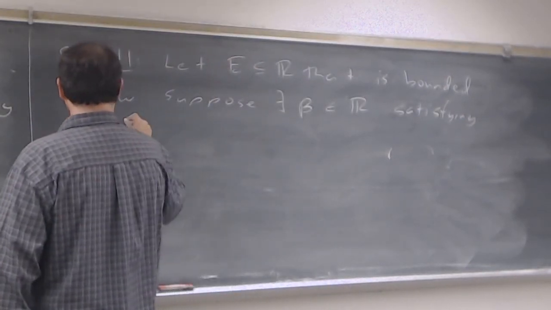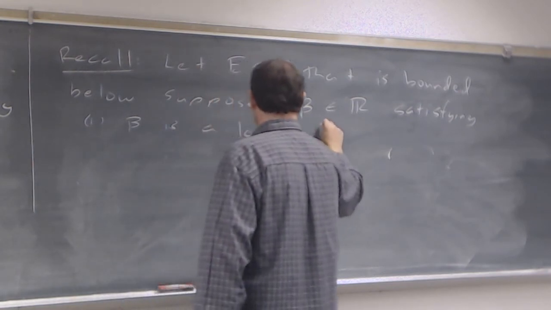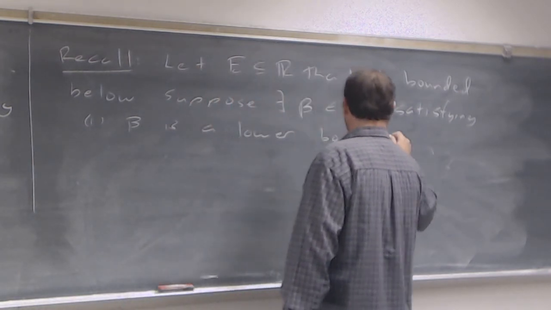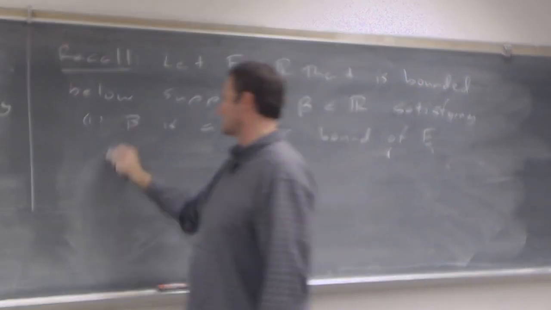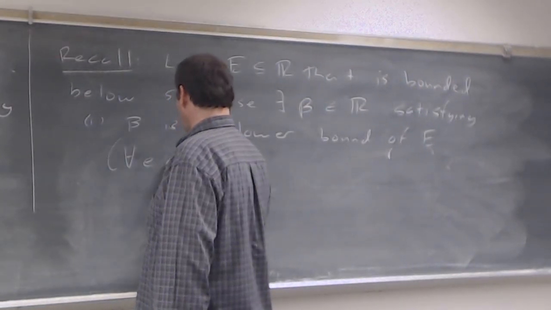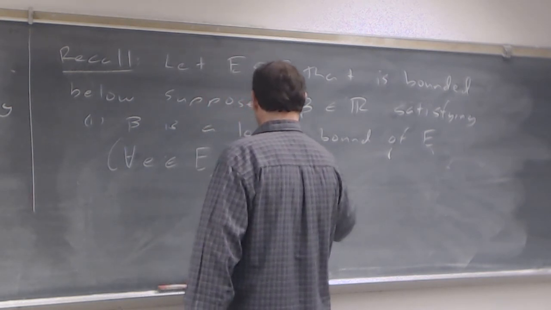two things. One, beta is a lower bound of E. Again, what that means is for all e an element of big E, beta is less than or equal to e.